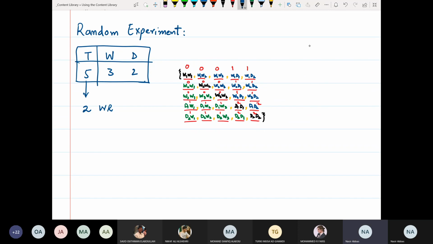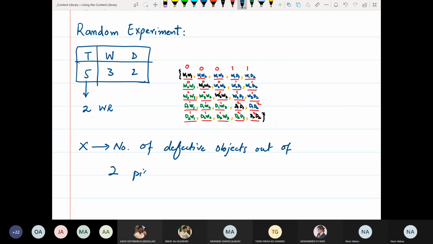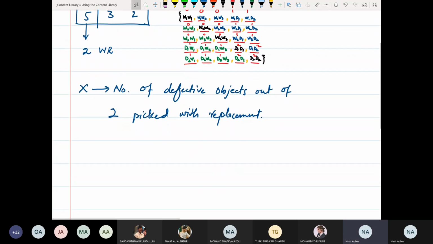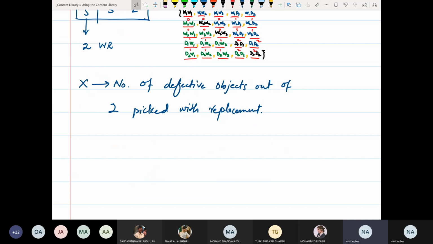If I define that function as X, the number of defective objects out of 2 picked with replacement, I'm using this function supplementary to the random experiment to convert every outcome into a number. So such functions are called random variables. These functions are called random variables.